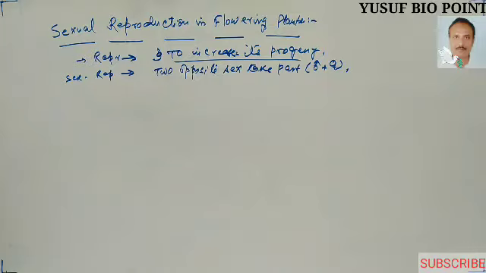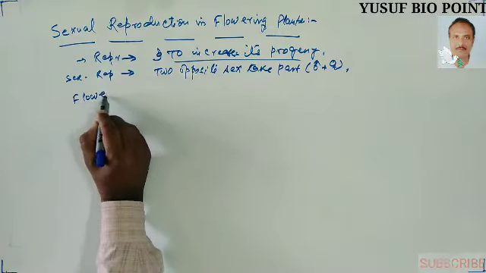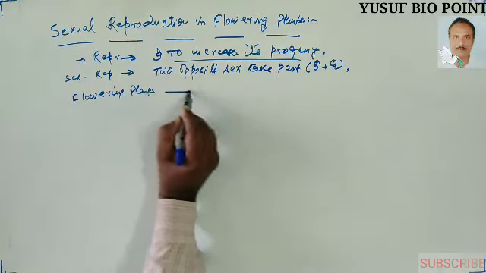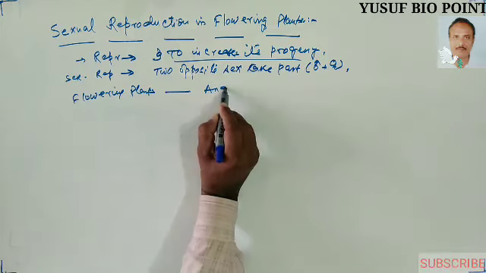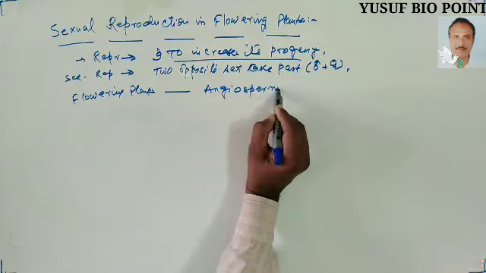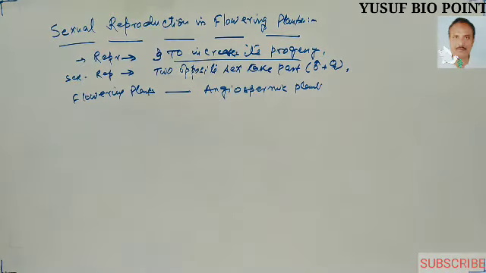Now, in the flowering plants, that is in angiospermic plants, how the sexual reproduction takes place we have to study.